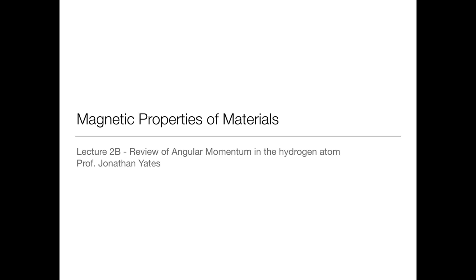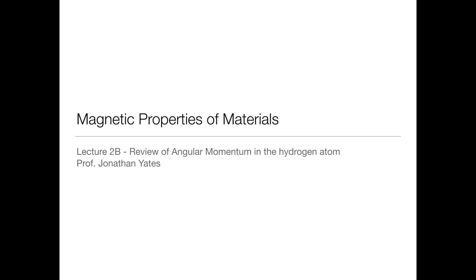So in the first part of today's lecture, we looked at diamagnetism, how materials which are comprised of atoms which have no magnetic moment in their ground state can acquire an induced magnetic moment due to currents that flow in the atom or the molecule, and that gives rise to this negative susceptibility and the diamagnetic response.